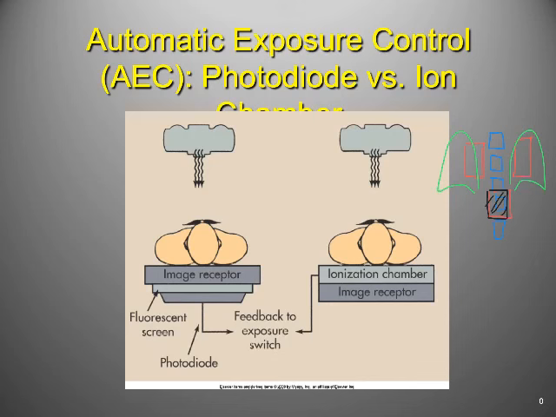So in this case, whenever we're shooting a lung x-ray or a chest x-ray for AP, we will have these two ion chambers energized, right? Because when I've got sufficient penetration of the lungs, good to go, right?